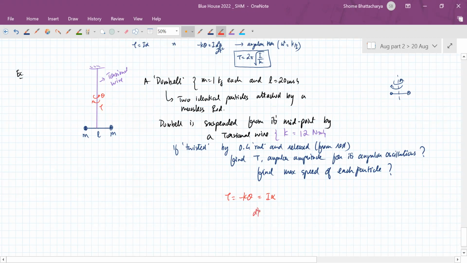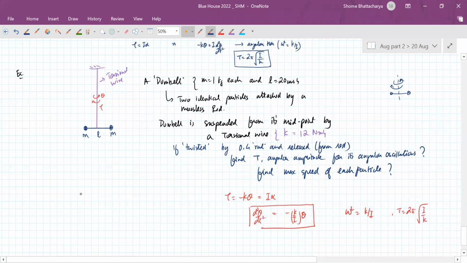So we have d2 theta by dt square is equal to minus k by I theta. So you have the ready-made formula. You just need to find the moment of inertia and substitute the values.